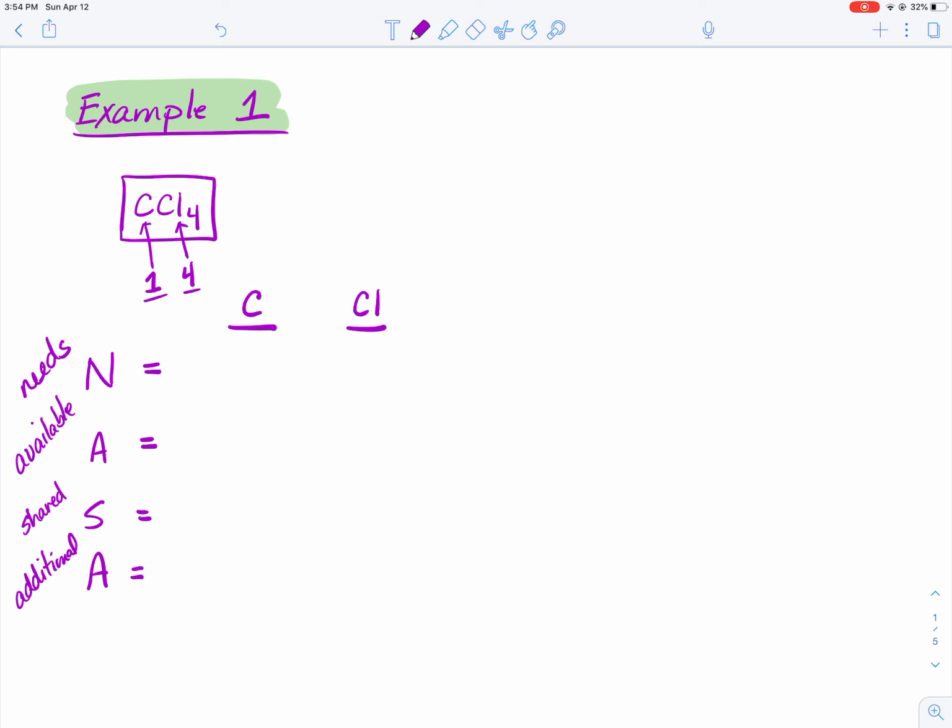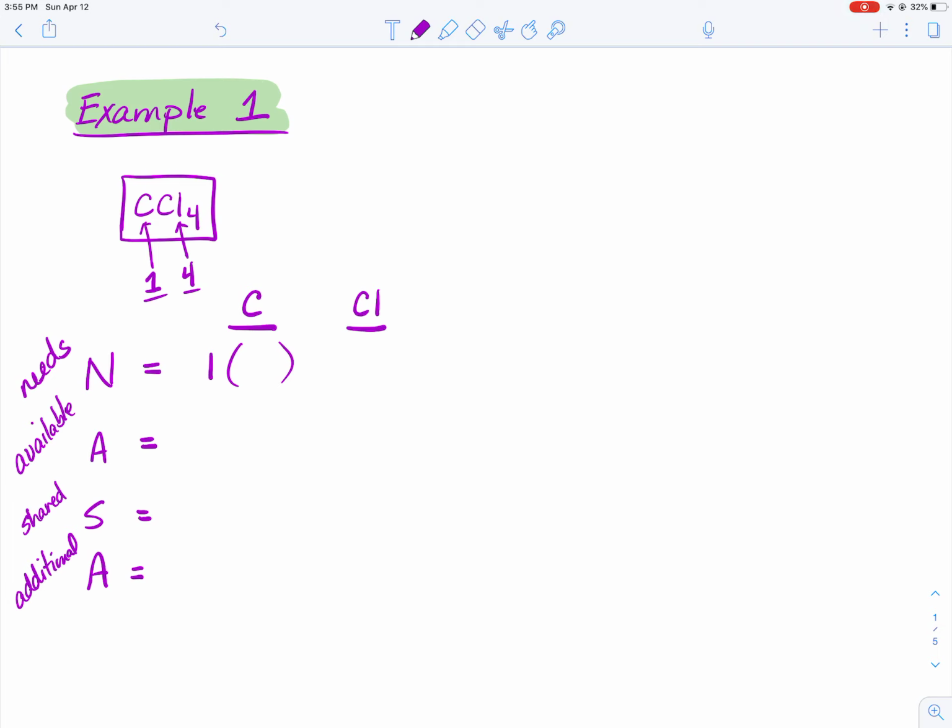So we go to our needs row and say that we have 1 carbon, and I'm going to put this in parentheses, times the number of electrons that carbon needs. What we mean by needs is how many electrons it needs to have an octet.